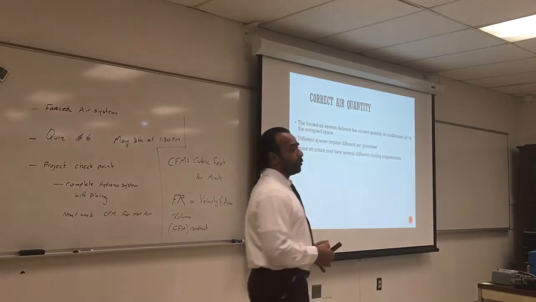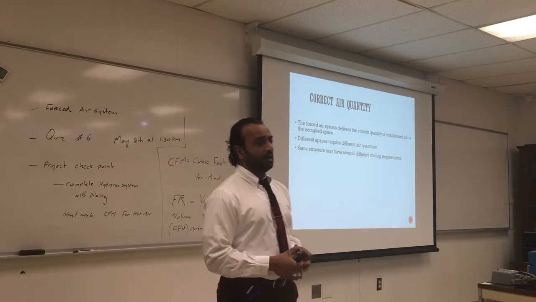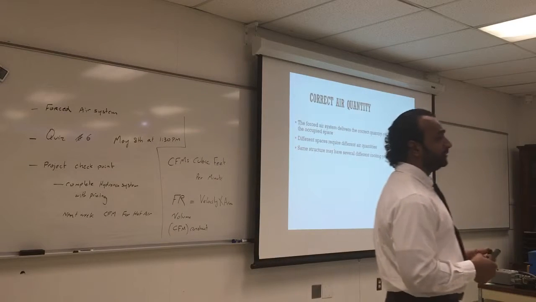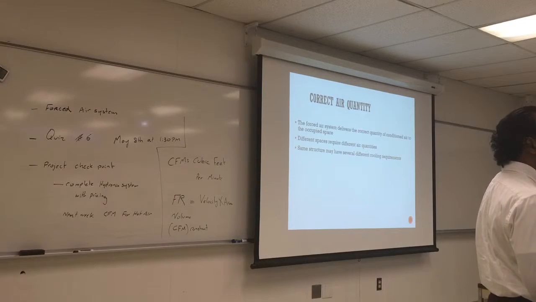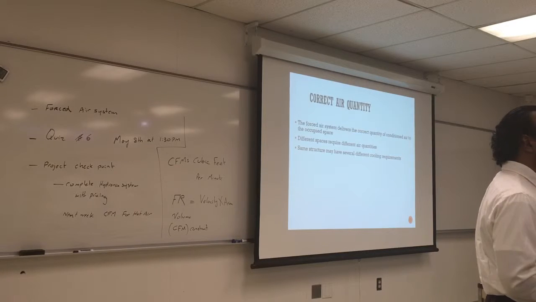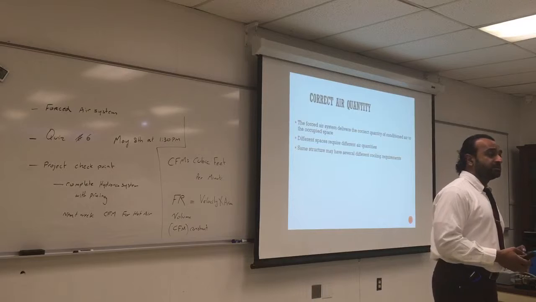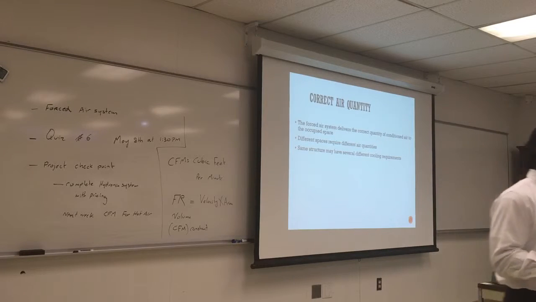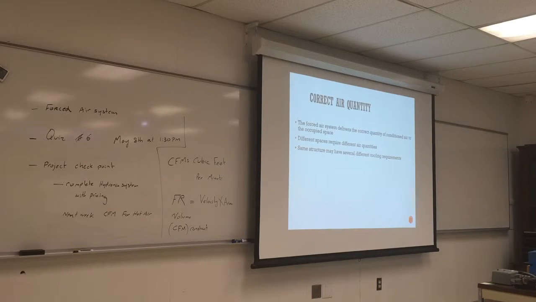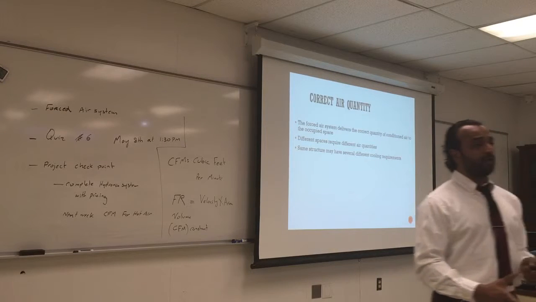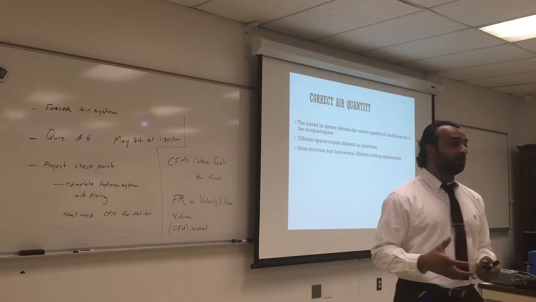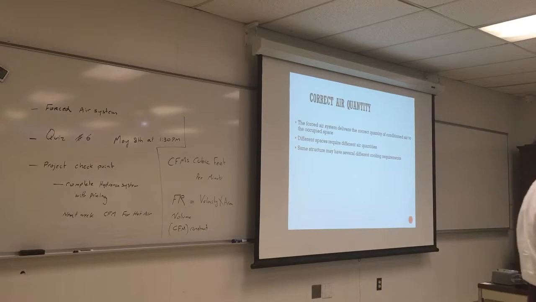So we need the correct air quantity. And we want a very good rate, where we can change the air quickly, not too fast and not too slow. And the air quantity depends on how much we can heat the air. So we're taking air from the room, taking it to the air handling unit, and heating it, sometimes up to 110, 120, 160 degrees, depending on what kind of furnace and apparatus you have.